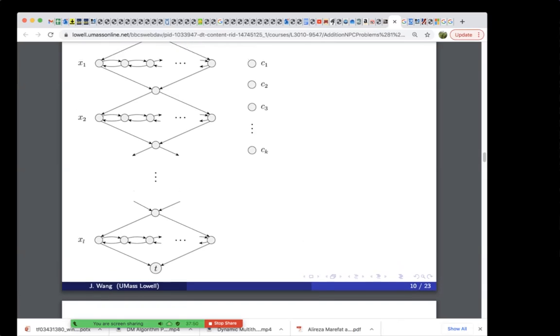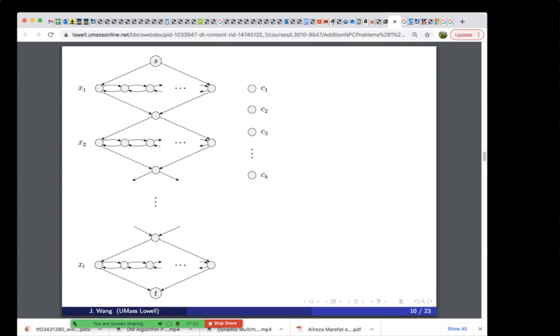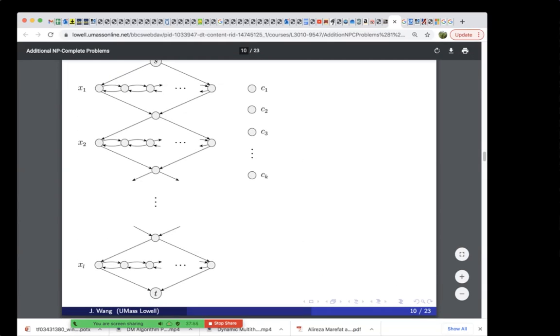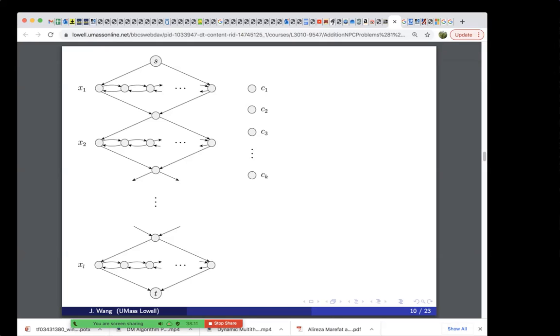So that's the chain. Okay, so we look at each of these. So we list x1 up to xL. The top of this is S. Okay, so now we go all the way down to T. So that is the graph G, a part of graph G, but now we still have to connect these nodes.